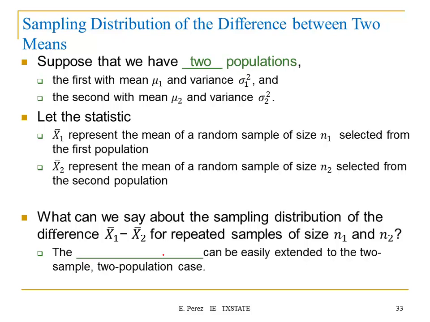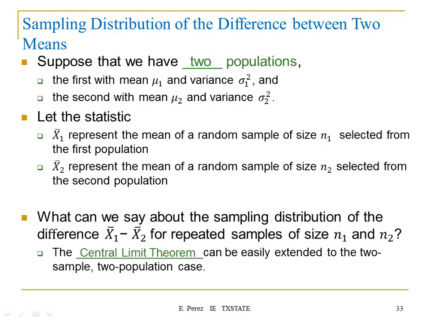The interesting thing is that when you look at the distribution of that difference, the central limit theorem can be easily extended to the 2 population case. So we can use the central limit theorem and use the standard normal distribution to find the probability of the difference between 2 sample means that are coming from different populations.